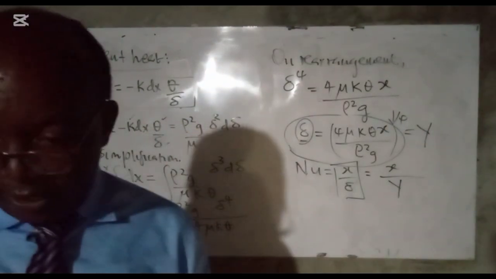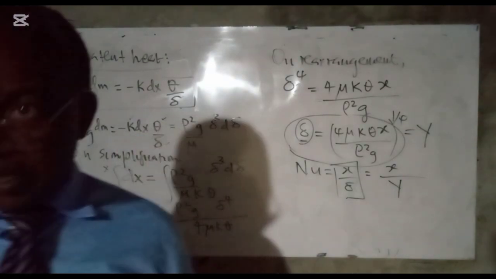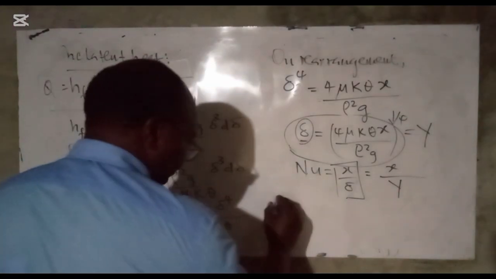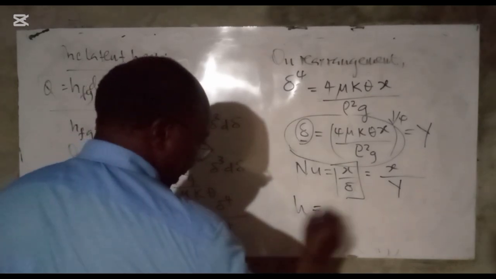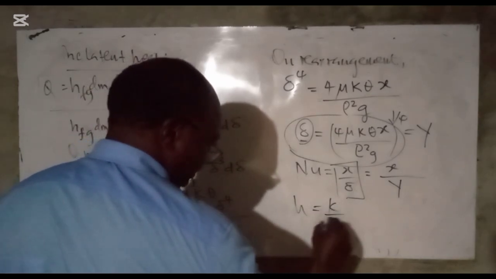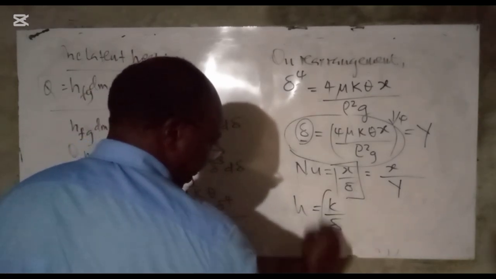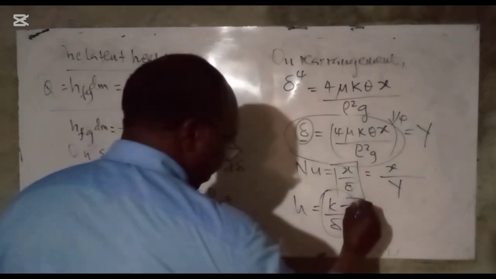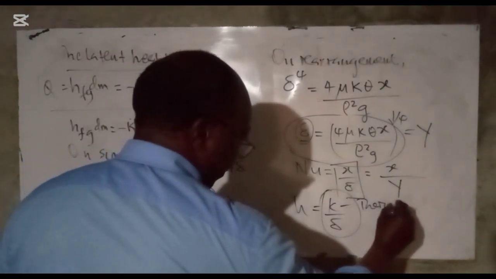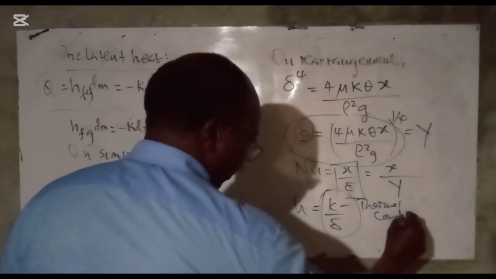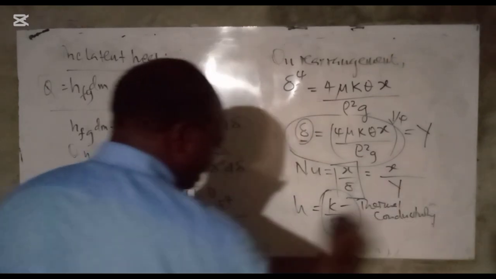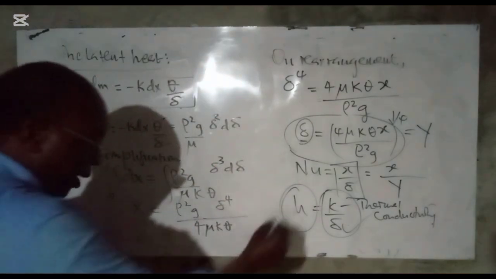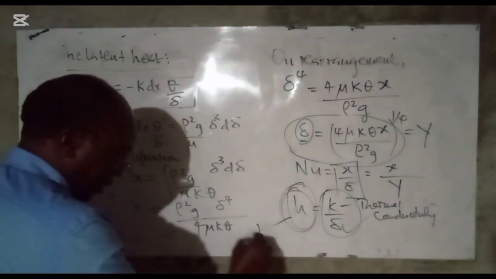Once you have computed the boundary layer, you can compute the Nusselt number. Very, very easy. And of course, the heat transfer coefficient, h, we had said was k over sigma, where k is simply the thermal conductivity. Because you can now calculate sigma, you can calculate the transfer coefficient.